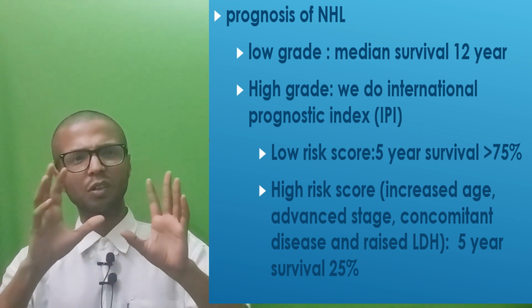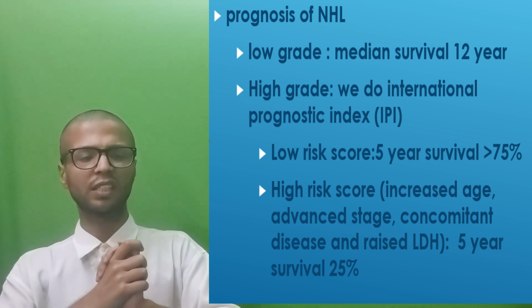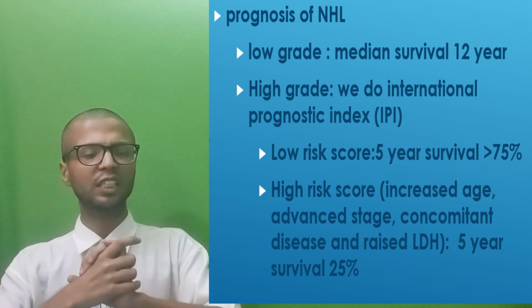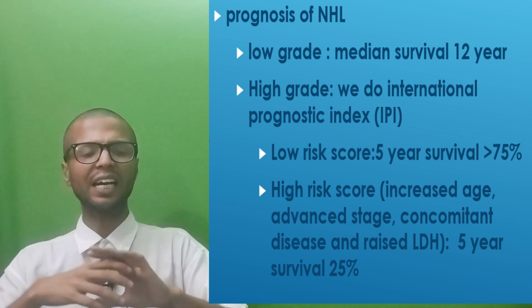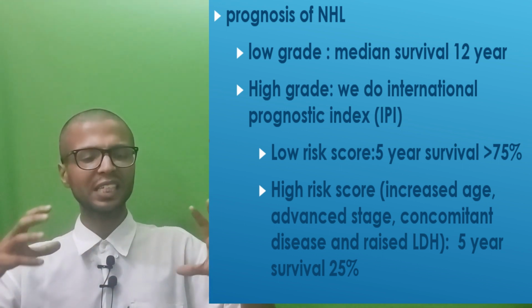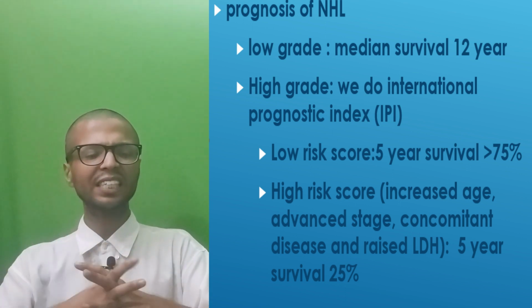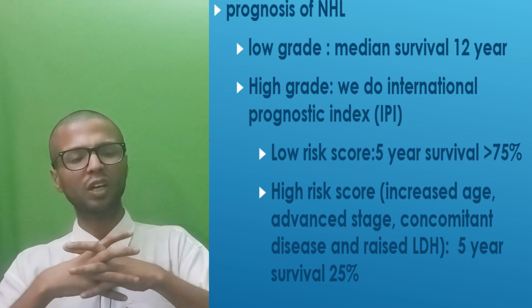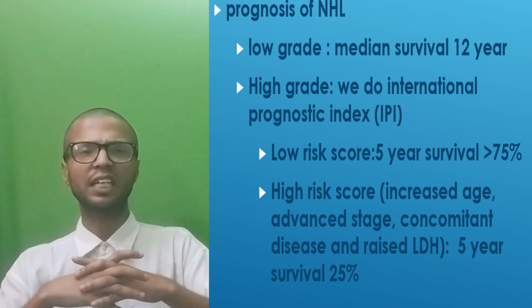And on what parameters is this prognostic index based? The International Prognostic Index: one is age, another is whether it is early stage or advanced stage, whether the patient has any concomitant disease, and level of LDH. So if there is increased age, advanced stage, concomitant disease or raised LDH, then 5-year survival is 20%. But if these are not there and the patient has a low risk score, then 5-year survival is greater than 70%.